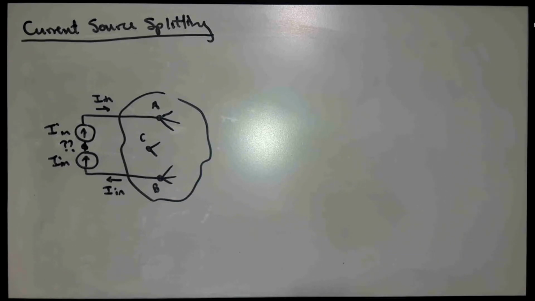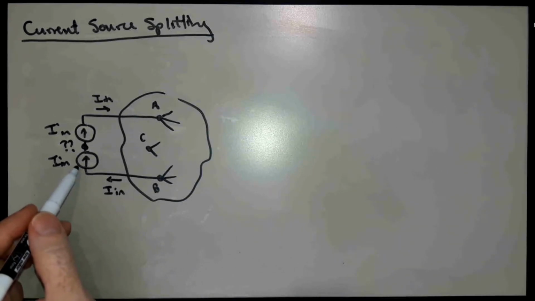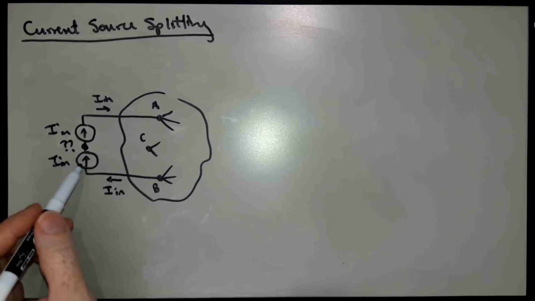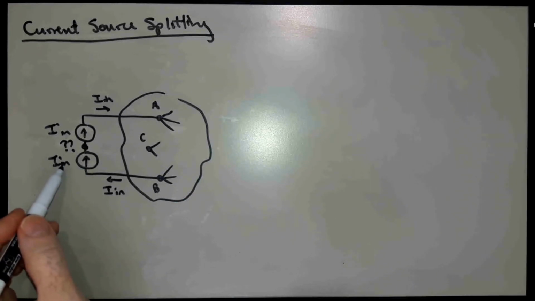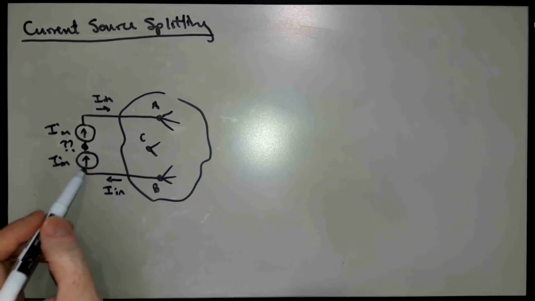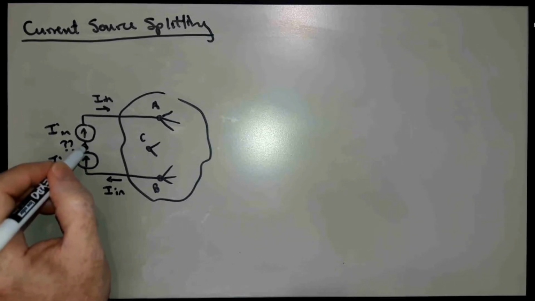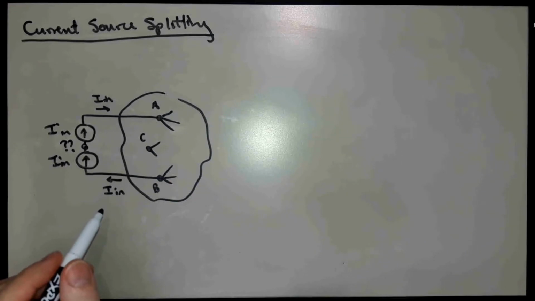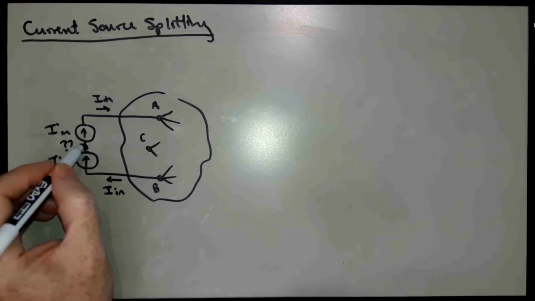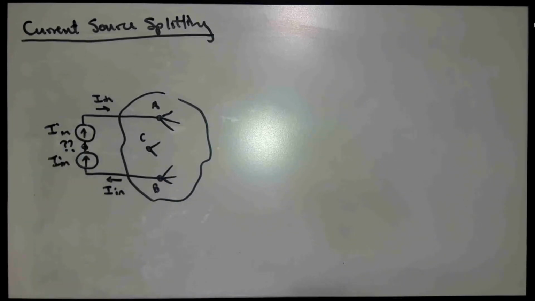It could literally be anything. Remember, these are ideal sources, and these ideal sources maintain the rate of flow of charge that's specified by the source value, regardless of the voltage across the two terminals. And so the voltage on this node can literally be any real number, and KCL will be satisfied. And that means that the voltage on that node is indeterminate.